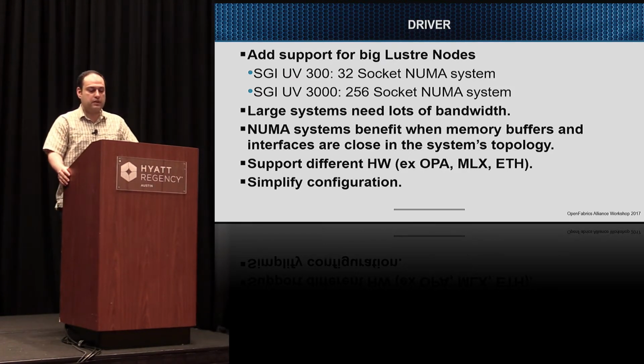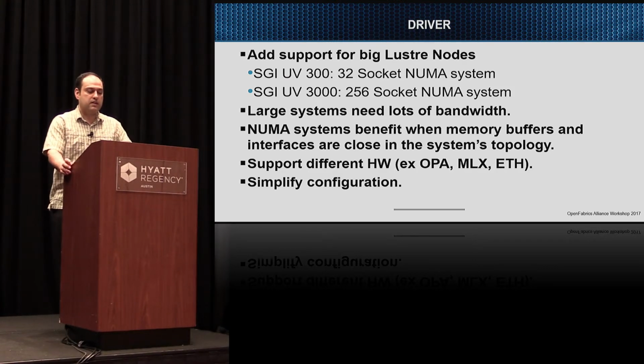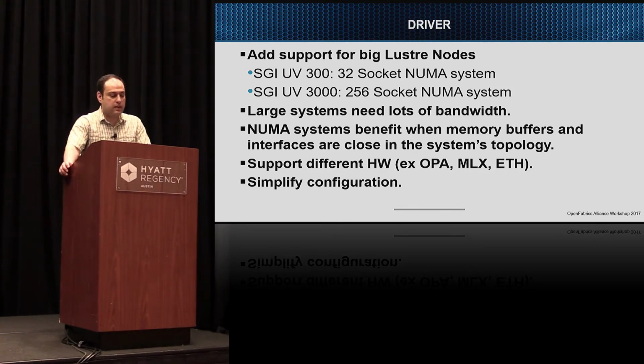So we wanted a way to increase the bandwidth without really making the configuration a lot more complex. Also, those NUMA systems benefit when the memory buffers used for RDMAing the data are close in the system's topology to the interfaces.